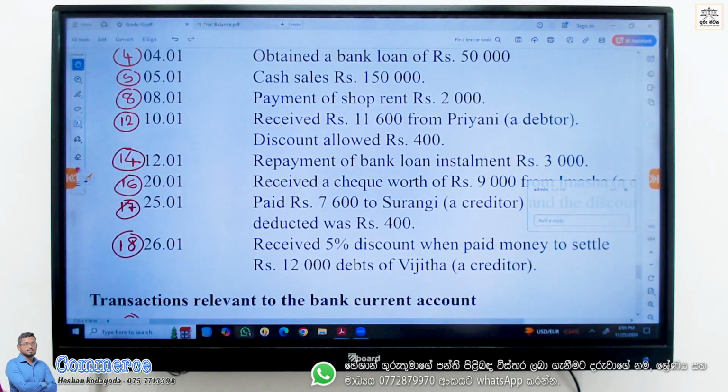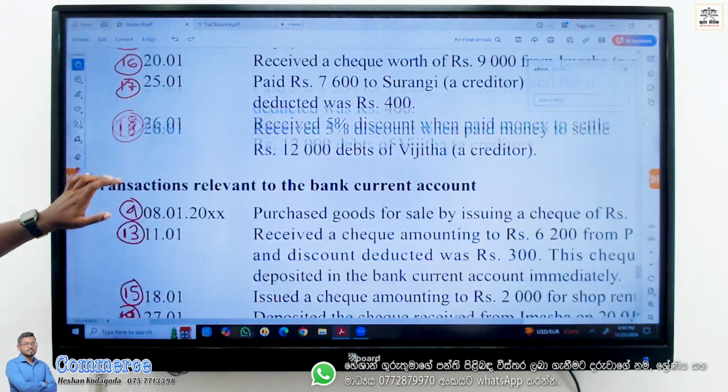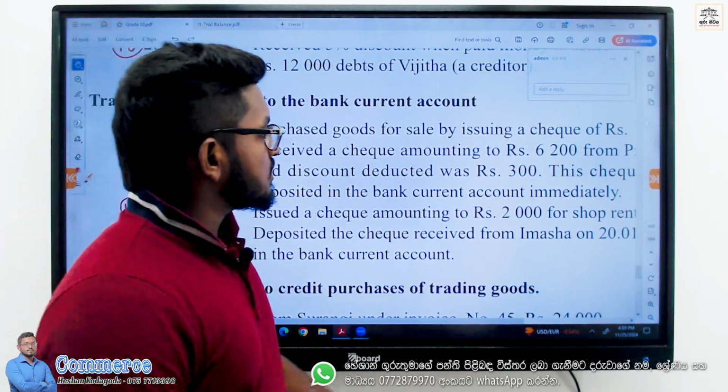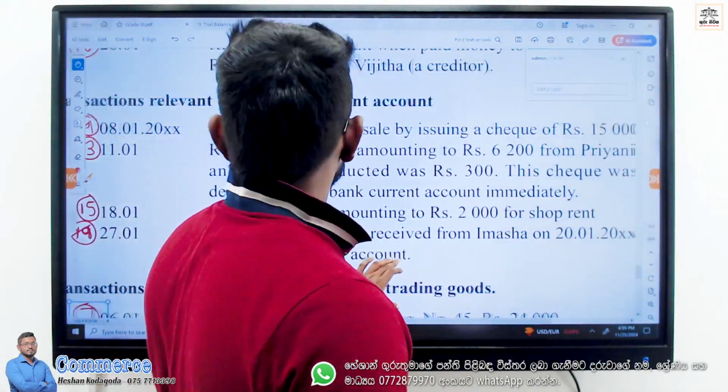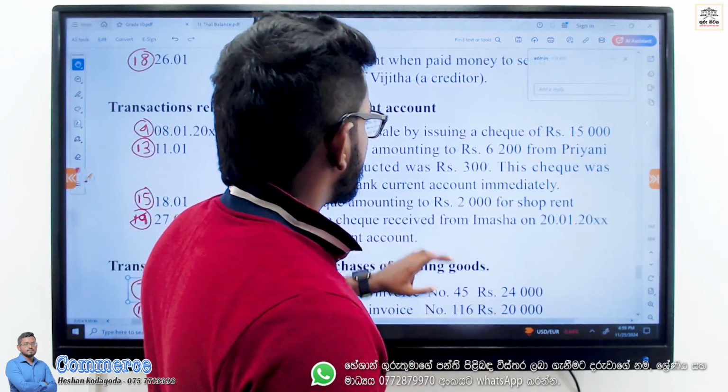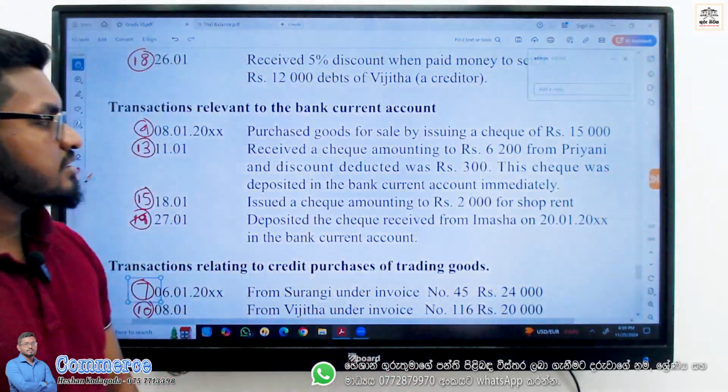Next one. 12 done. Now let's go to the 13. We receive a check amounting to 6,200 from Priyani and the discount deducted was 300.